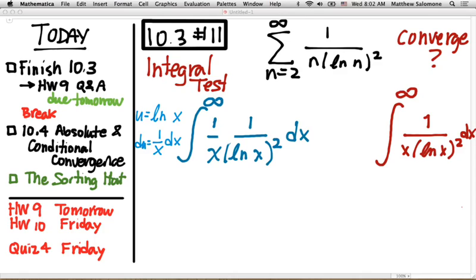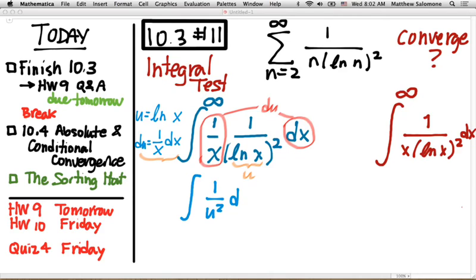And so that substitution turns this natural log of x here into a u. It turns this entirety of 1 over x and dx, this whole product together, into a du. And so our integral becomes much easier on the eyes. Namely, it just becomes 1 over u squared du.